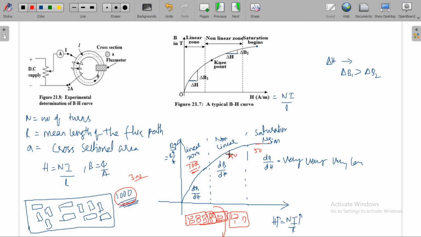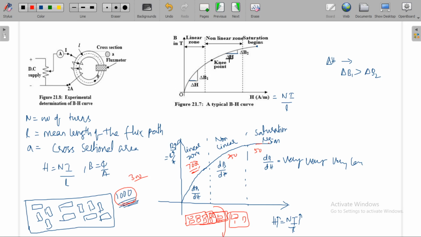Whereas in this region, the rate of alignment of magnetic domains is more, and in this region it is less when compared to this. That's why it is entering into the non-linear region. That's why with the same value of delta H, delta B1 is greater than delta B2.